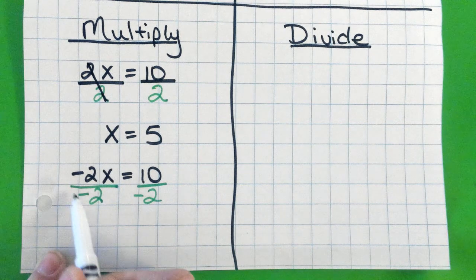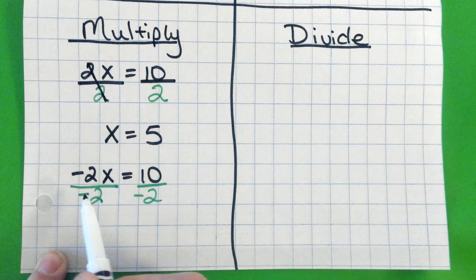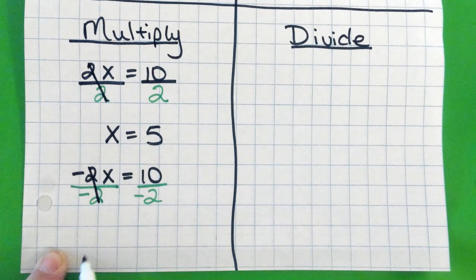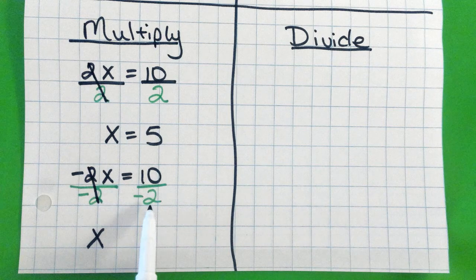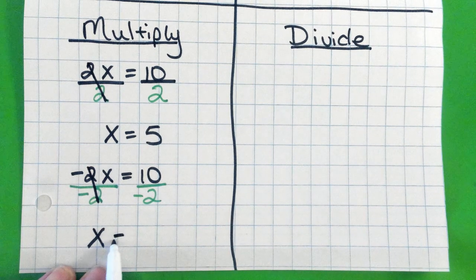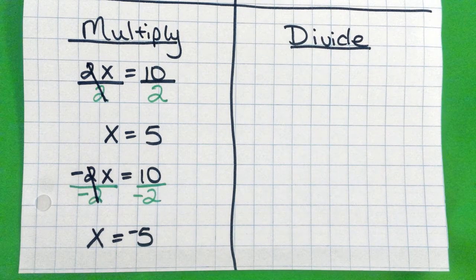Now, a negative divided by a negative is a positive, and 2 divided by 2 is 1, leaving 1x. And then 10 divided by negative 2 is negative 5. So be aware, if there's a negative in front of the 2, or the number, that does not mean minus, it means negative 2 times x.